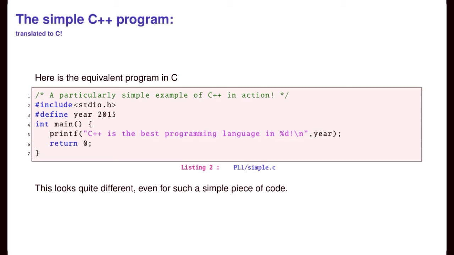You've got this hash define statement in there. You still got an int main, which you had in the previous code as well, but then the output is done in a very different way, and it still will return 0, and we'll see that that's a very common feature of almost any piece of code we write. So this is how I don't want you to code.